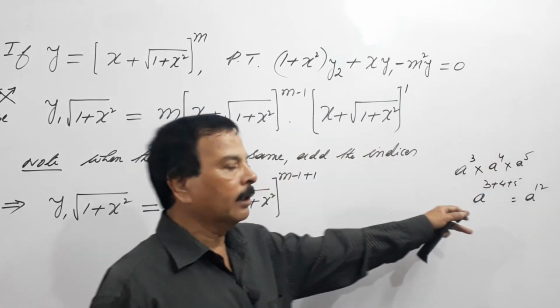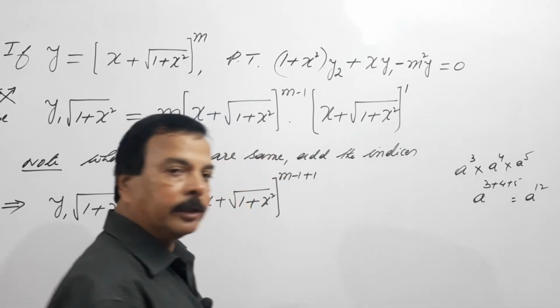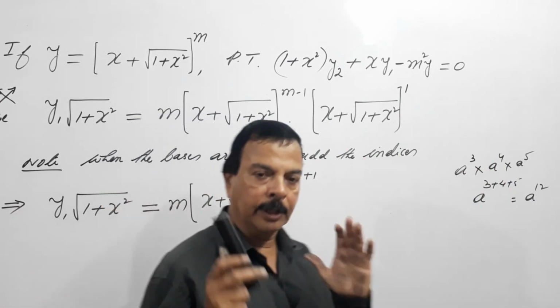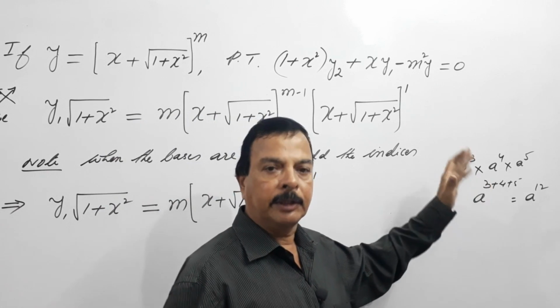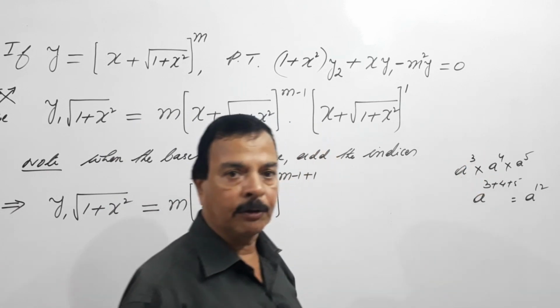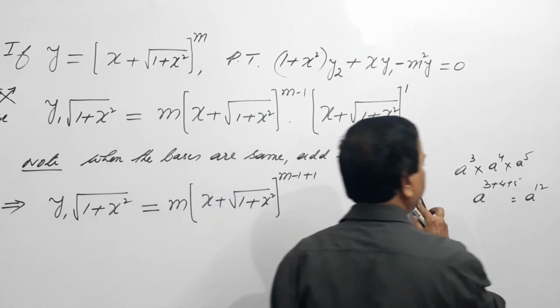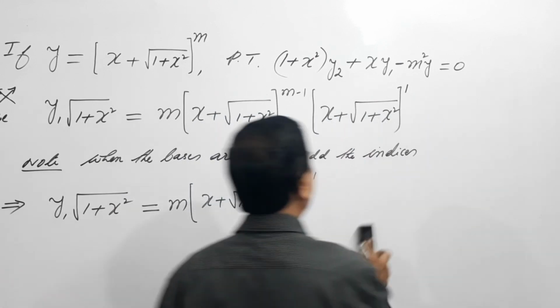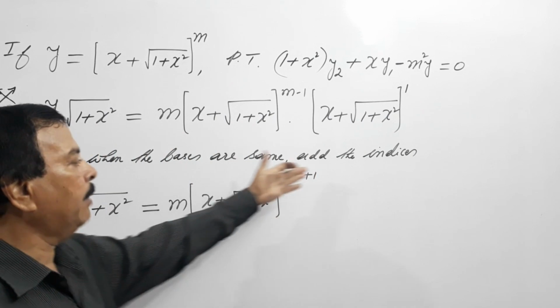You multiply and see, you get the same answer. In the theory of indices, we have a chapter where we are dealing with this. I am definitely going to do that also for you. So according to the law, when the bases are same, add the indices.